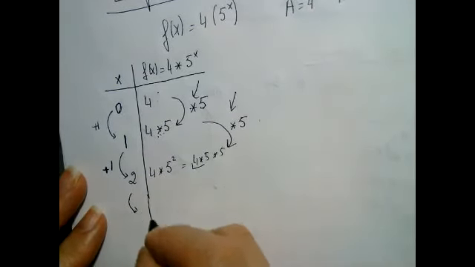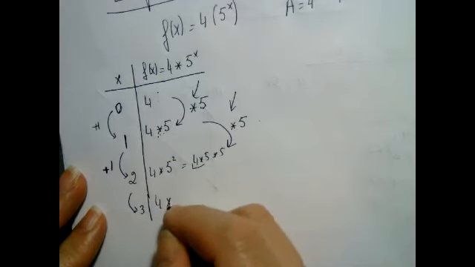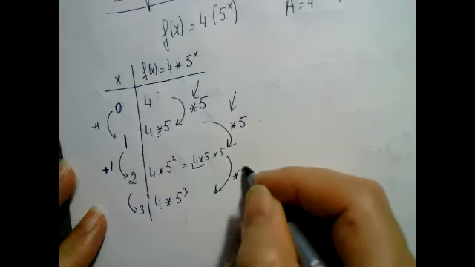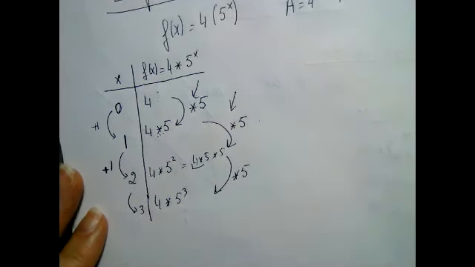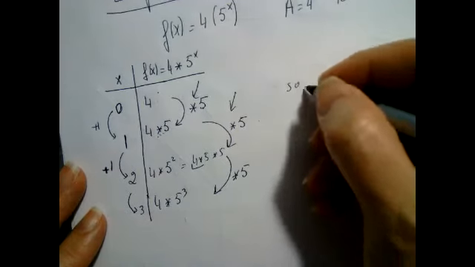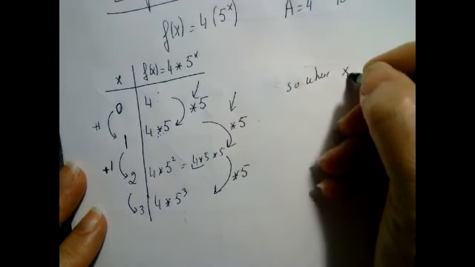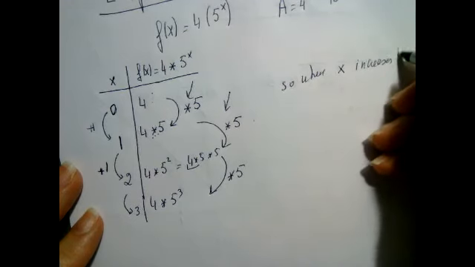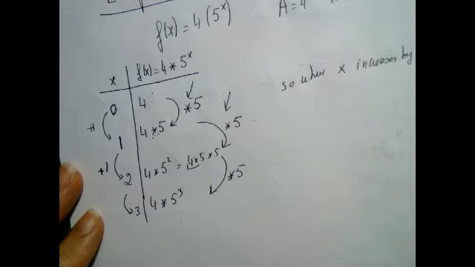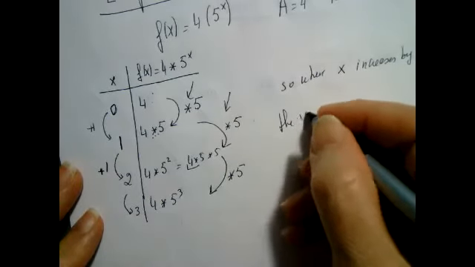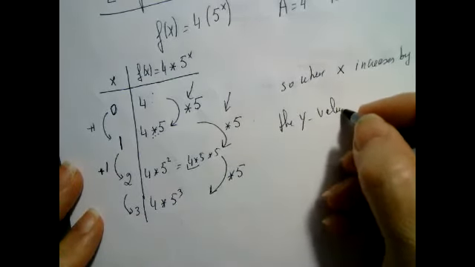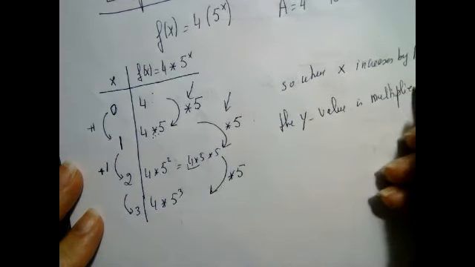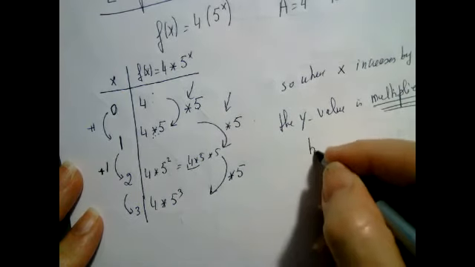If we add one more, 4 times 5 to the power 3, again my output is multiplied by 5. So when x, the input, increases by 1, the y value in an exponential is multiplied by 5.